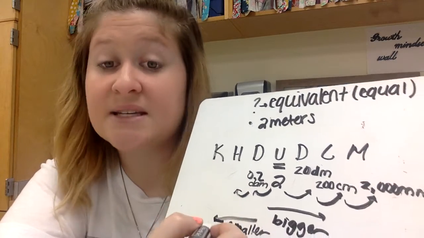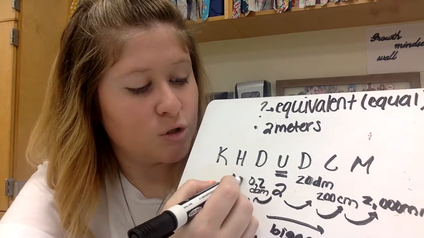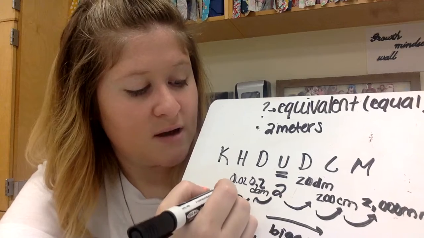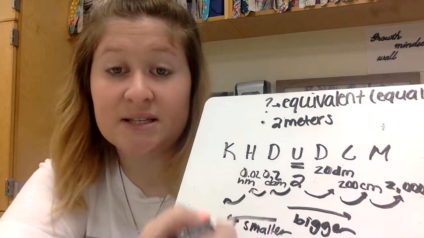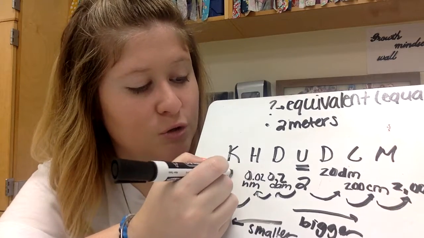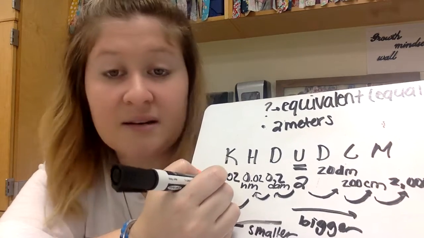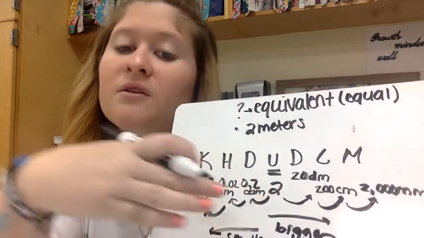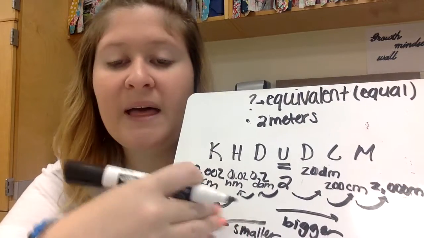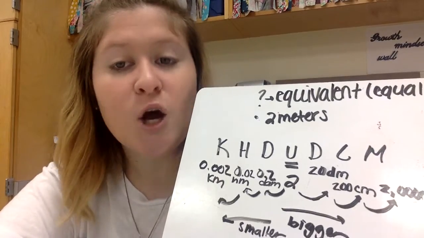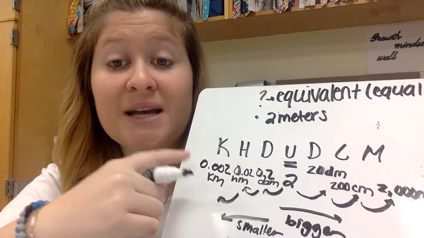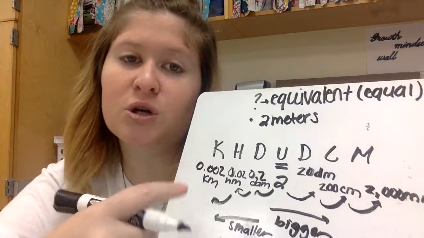This one's going to be 10 times smaller, so it turns into 2/100 of a hectometer. And this one gets 10 times smaller, so it turns into 2/1000 of a kilometer. All of these are equivalent to 2. And if this doesn't quite work for you, then you could use your cheat sheet that we're doing today, where we know a kilometer is 1,000 meters, and you could kind of go from there.